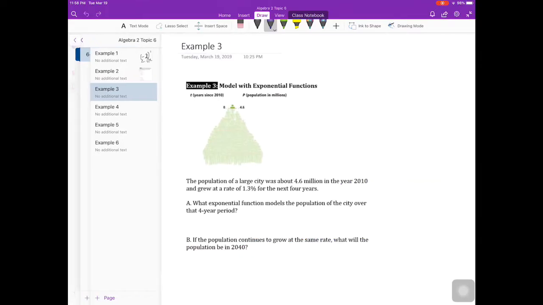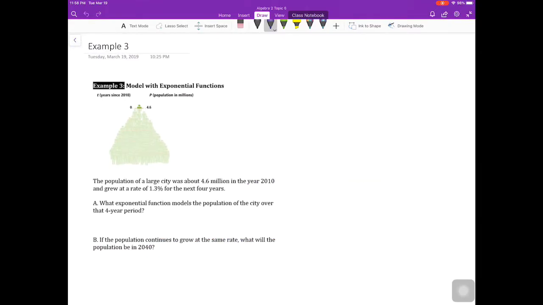So on to example 3, we're going to look at this model. The population of a large city is about 4.6 million in the year 2010 and grows at a rate of 1.3% for the next 4 years.